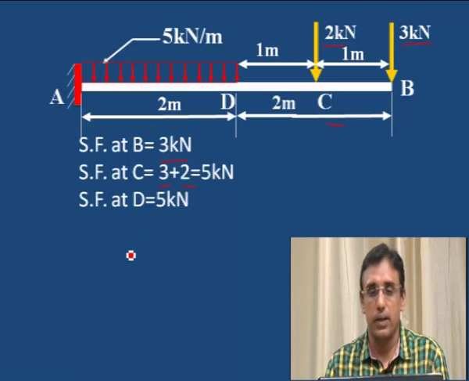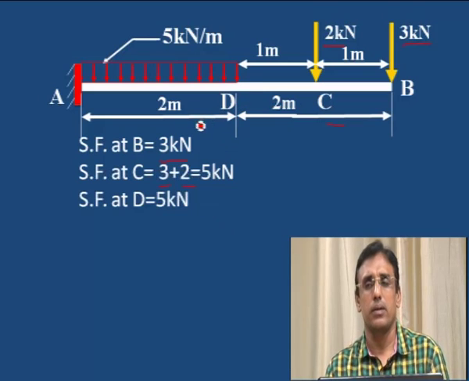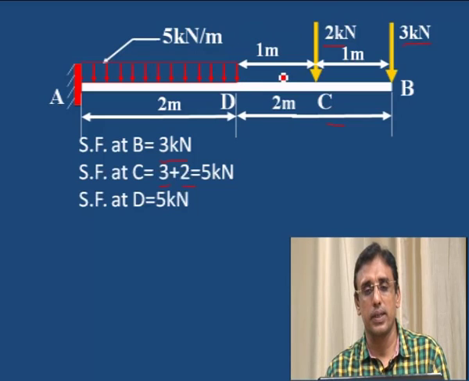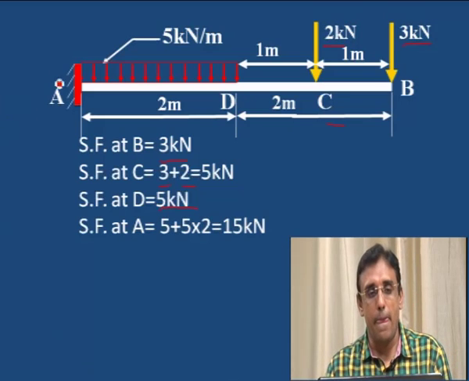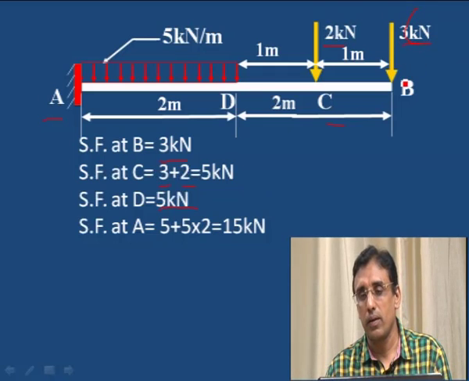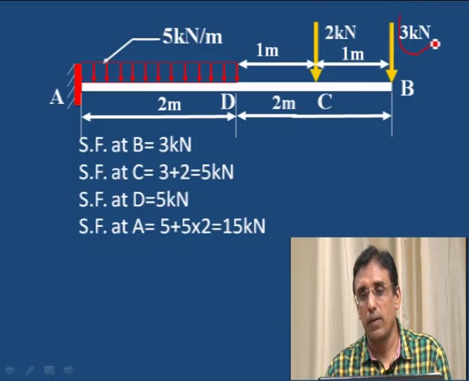Shear force at D. From C to D, no further load is added. Therefore, 3 plus 2 is 5 kilonewton at D also. Therefore, shear force remains constant from C to D. Shear force at A. At A, 3 kilonewton, then plus 2 kilonewton, 5 kilonewton, plus this one.